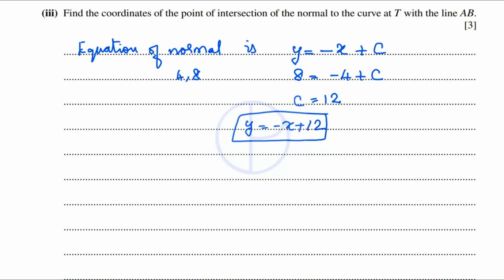So what we need to find is the coordinates of the point of intersection of this normal with the line AB. So we need to find the point of intersection between these two lines: y is equal to minus x plus 12 and y is equal to x plus 3.